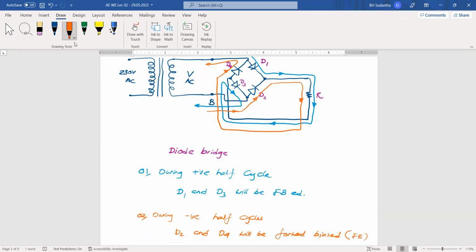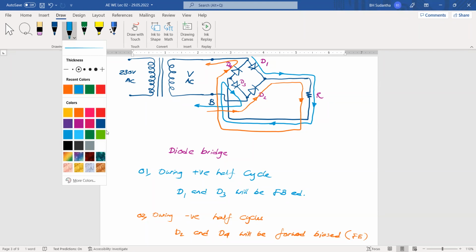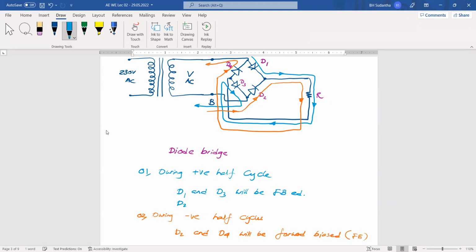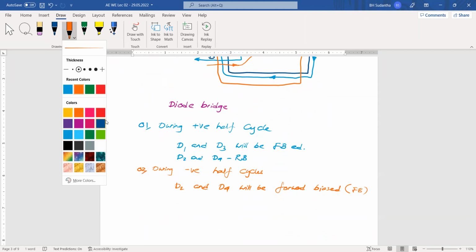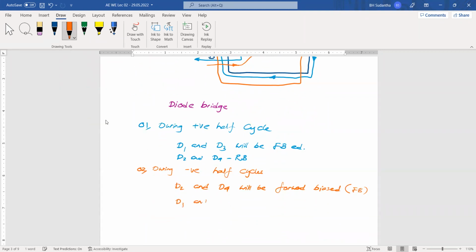And here you can see D2 and D4, they are reverse biased during the positive half cycle, and D1 and D3 are reverse biased during the negative half cycle.